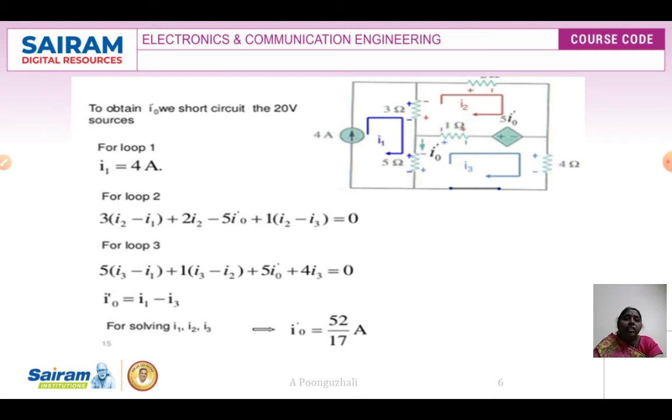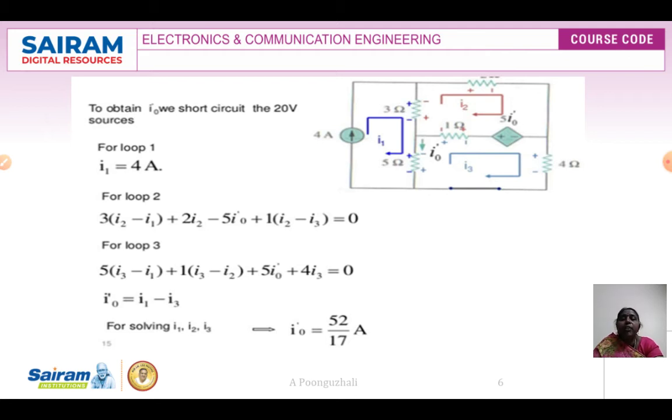Starting from here for this loop: plus 2, minus 3 into (I2 minus I1), minus 2 I2, minus 5 I0. So plus 2 minus 2 plus is going to be plus 5 I0 minus I2 minus I3.